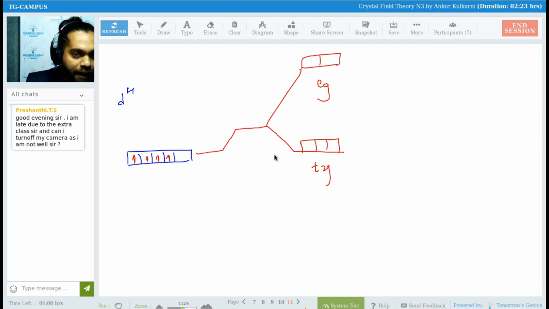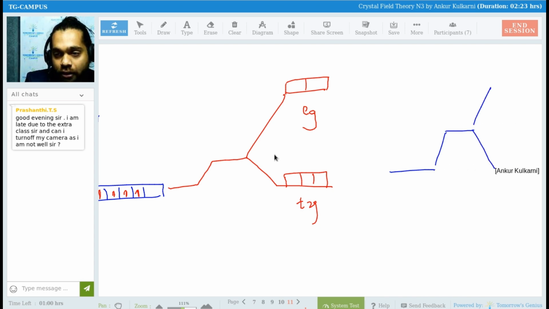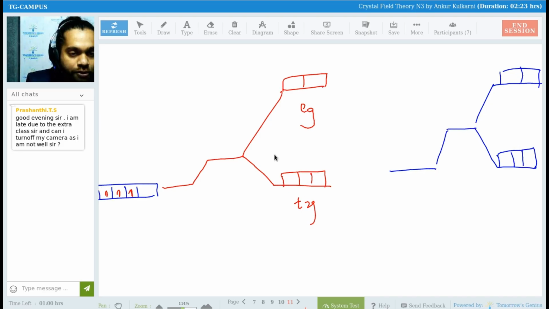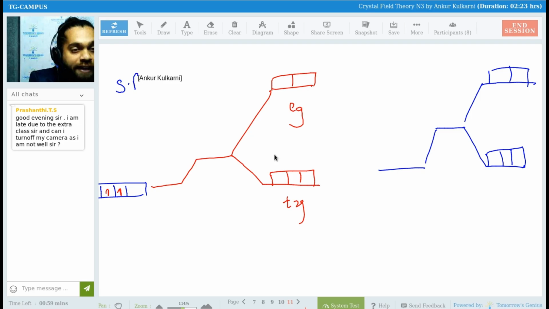Let us say we have two ligands, two conditions, and I'll consider both of them. Imagine we have a d orbital over here, T2G and EG. So let us say we have two conditions. One, we have a strong field ligand.